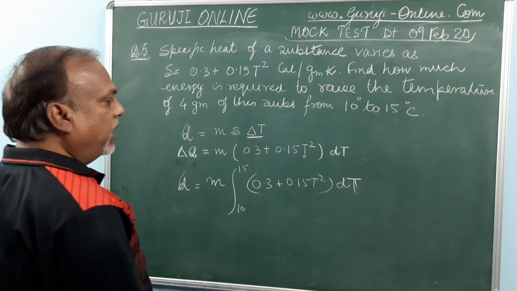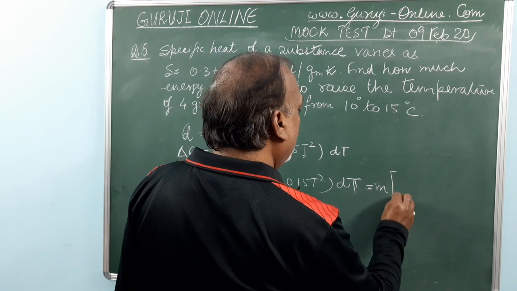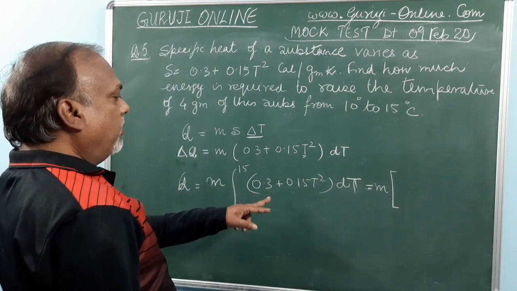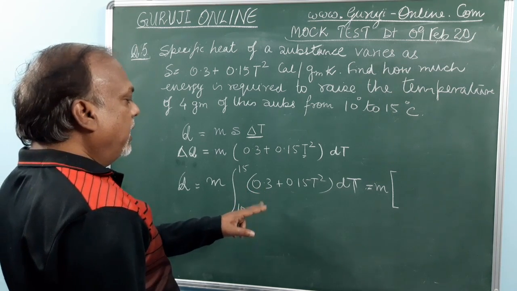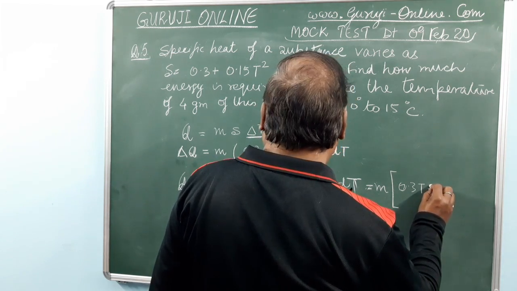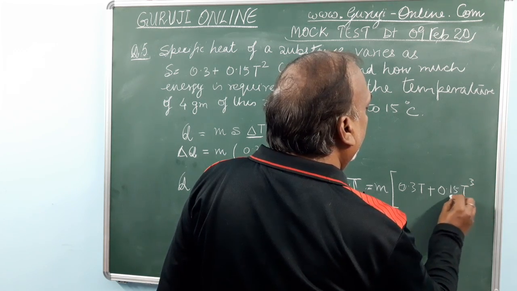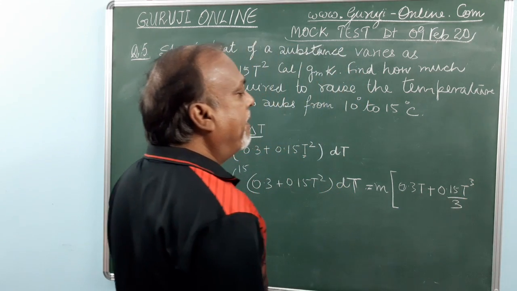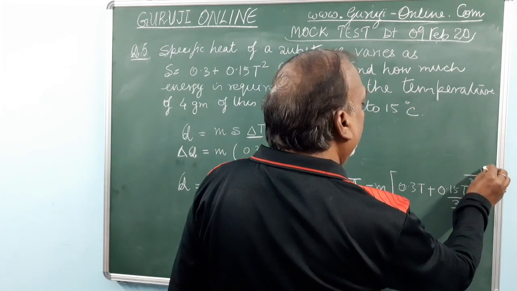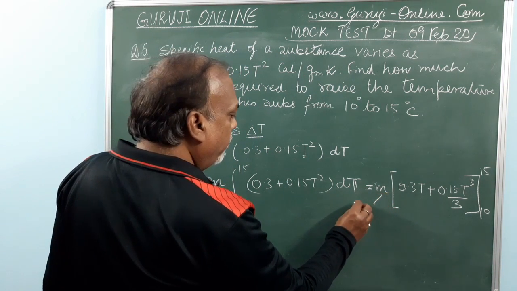and this we can write as M, take the integral, 0.3 T plus 0.15 T cube upon 3. This will be from 10 to 15. M is here 4 gram.